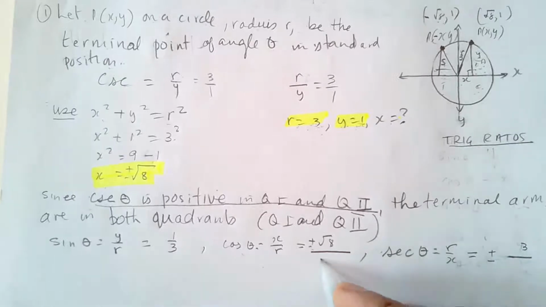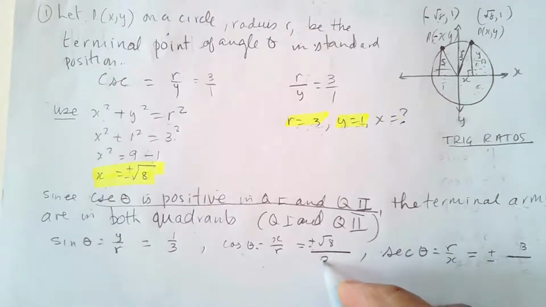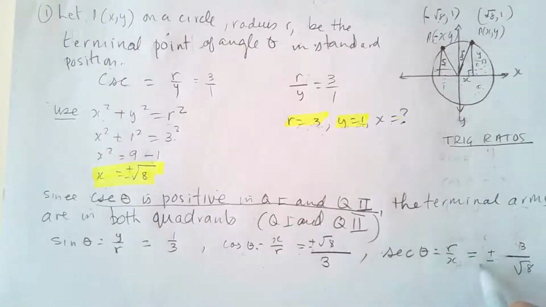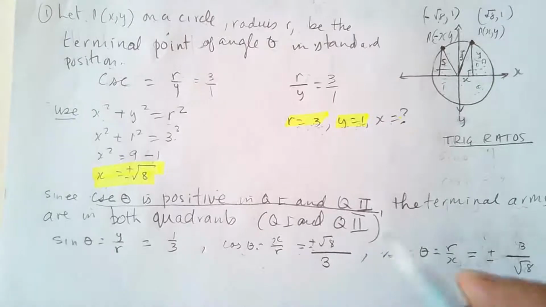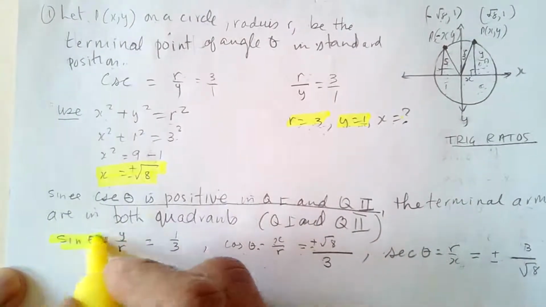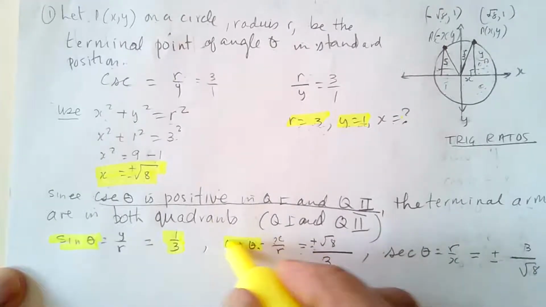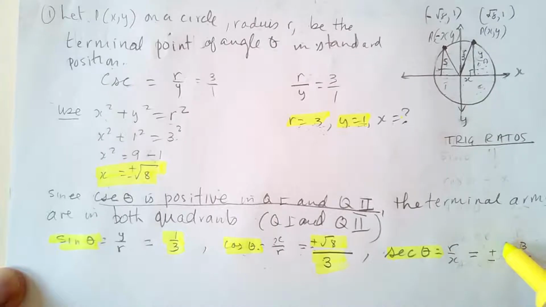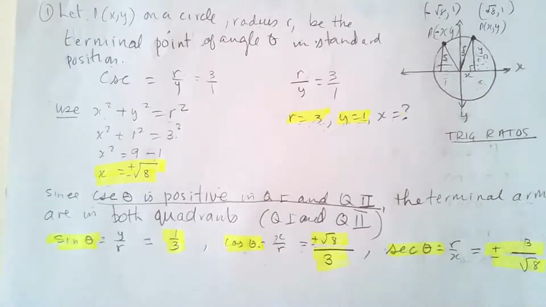Oh, I forgot to put my r here. So it's the reciprocal of cos. So here's my sine theta, cos theta, secant theta. So we got 3, and we need 2 more.